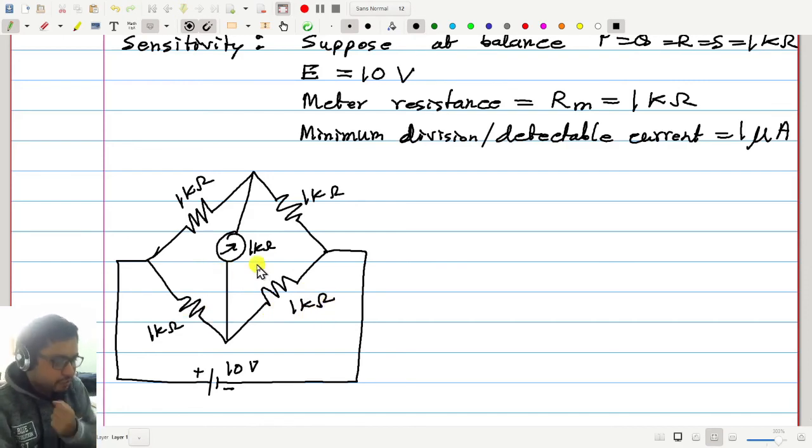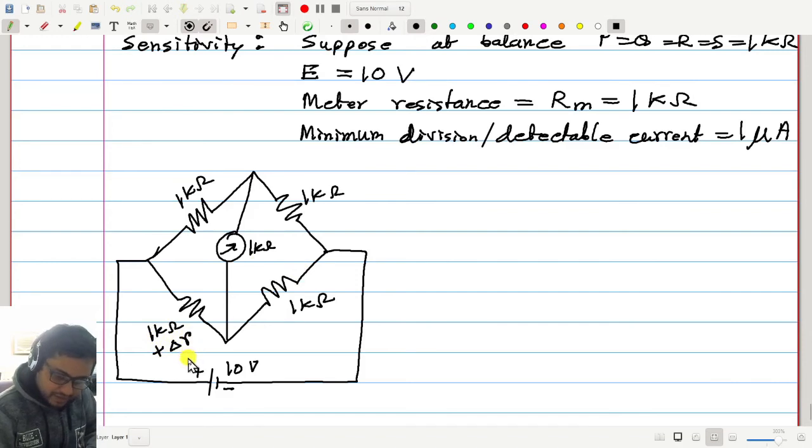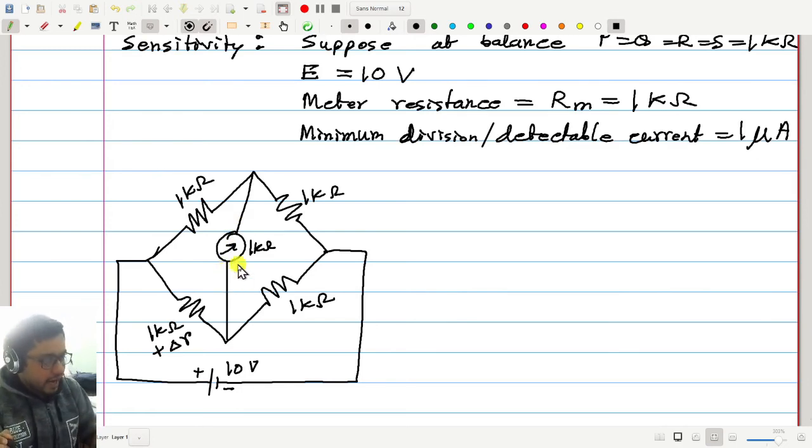nice sensitive balance? What if I change this resistance by a small amount delta R, so that will disturb the balance and that will cause some current to flow through the meter, but will that small current be detectable enough? Let me ask this question in the reverse way.